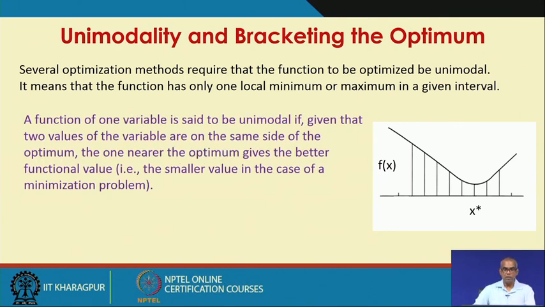A function of one variable is said to be unimodal if, given two values of the variable on the same side of the optimum, the one nearer the optimum gives the better functional value, that is the smaller value in the case of a minimization problem. So, if you consider this point and this point, both are on the same side of the minimum or optimum x star.